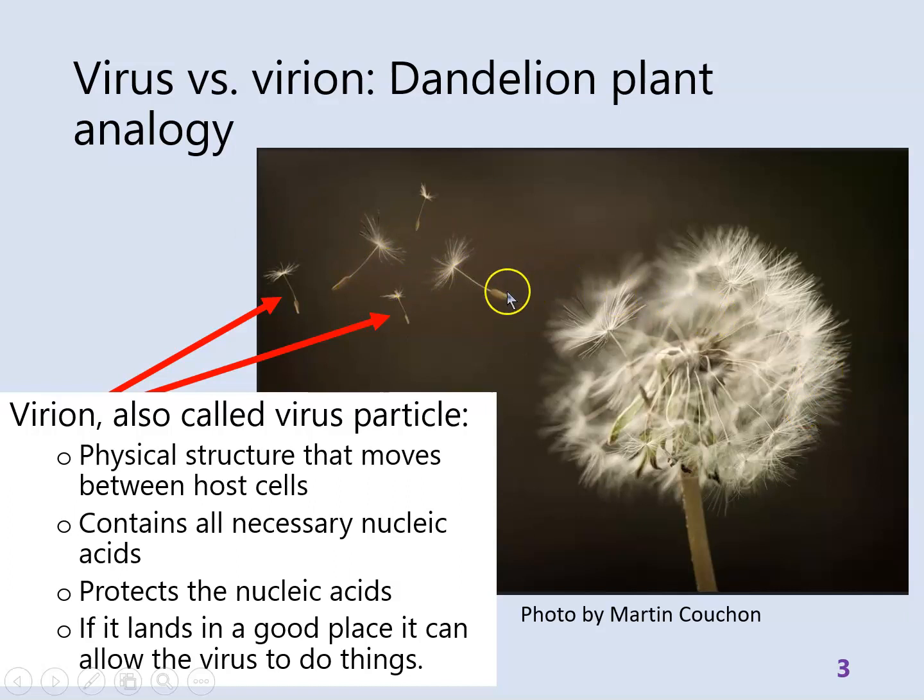And a seed's job is to carry the DNA and whatever else is necessary so that when it lands in a good place, a new plant will grow. And a virion, or virus particle, those mean the same thing, it's the same idea. Its job is to take the nucleic acids from one place to another place. And then the nucleic acids direct everything else.